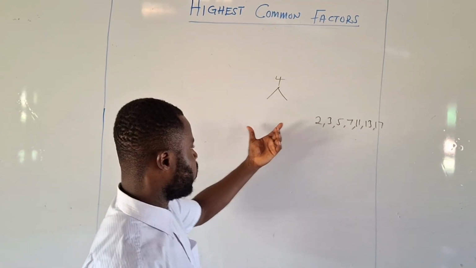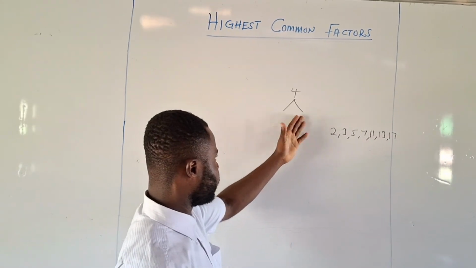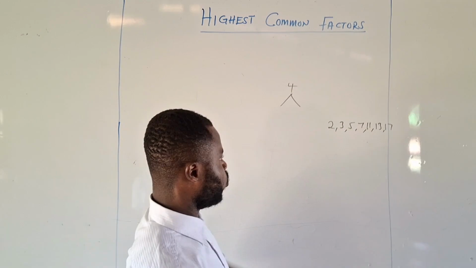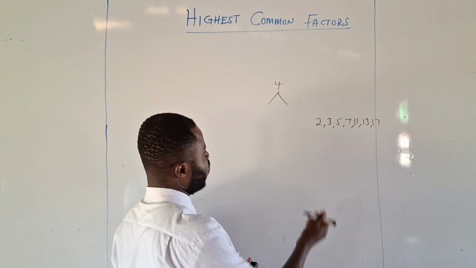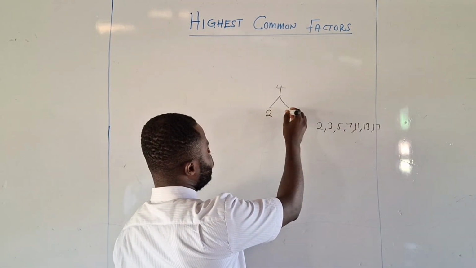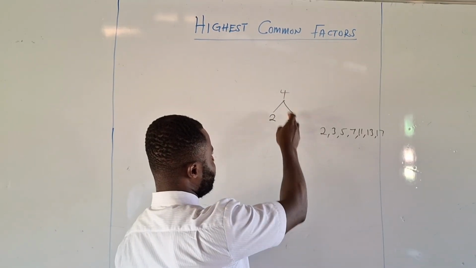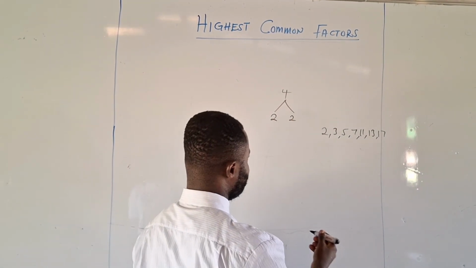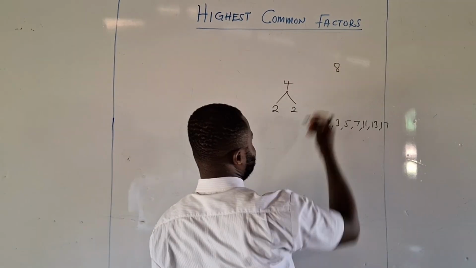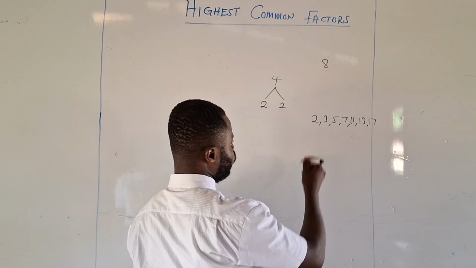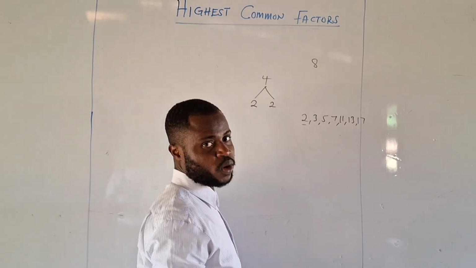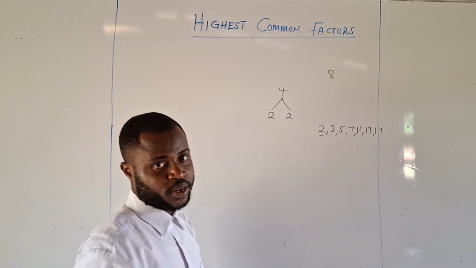So you always use two numbers to multiply to get the number on top. So for this one, the numbers we can use are 2 and 2. When you multiply this by this, then you get this. Now, assuming they give you a number like 8, you try with 2. If 2 doesn't work, then you use 3.